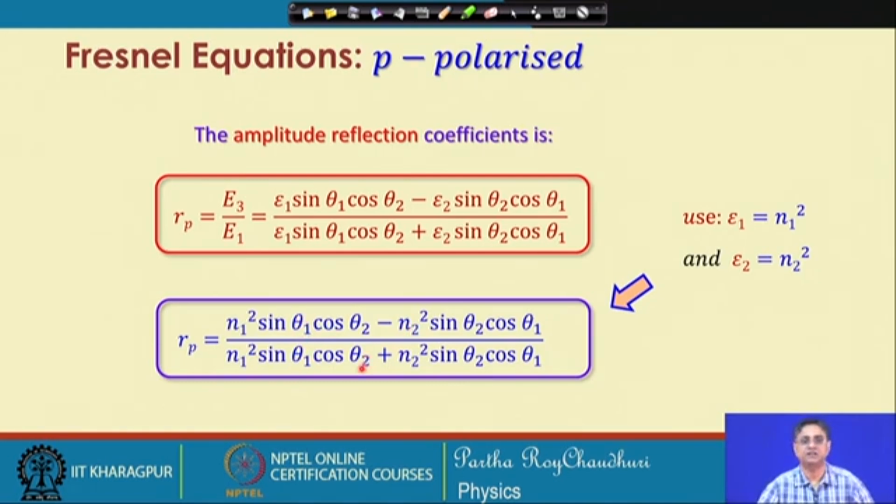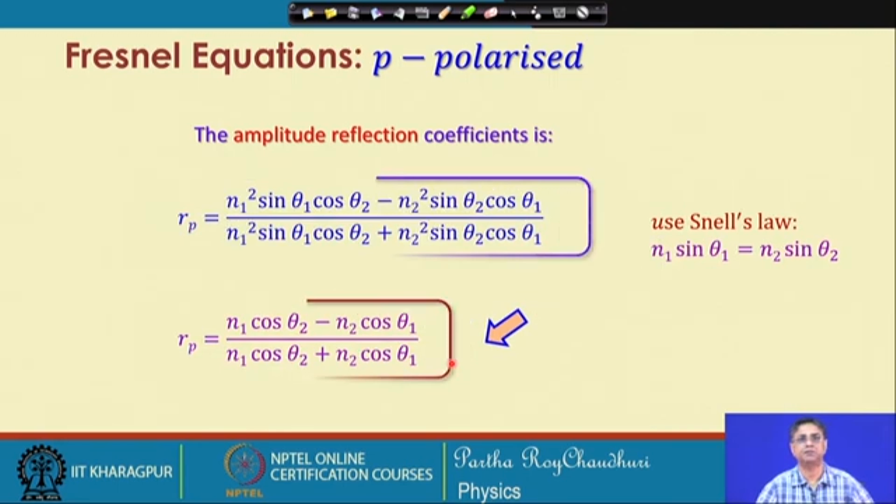So, these are the things which are going to decide the amplitude reflection coefficient. It primarily depends on the refractive indices and also the angle of incidence, which yields the angle of refraction also, because they are connected by the refractive index properties.